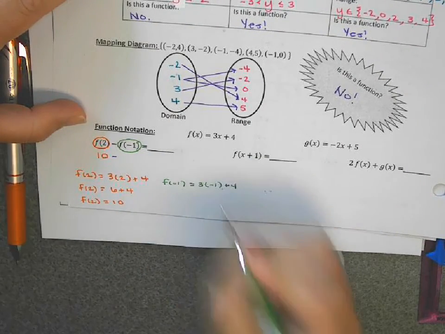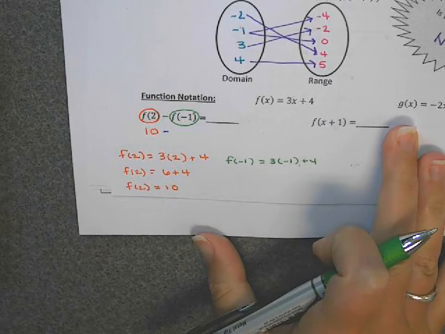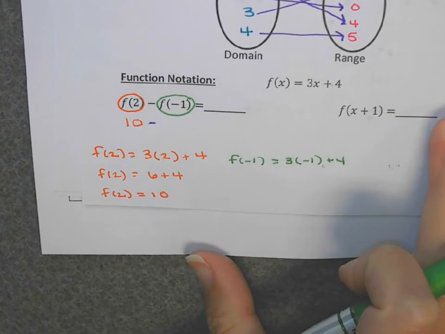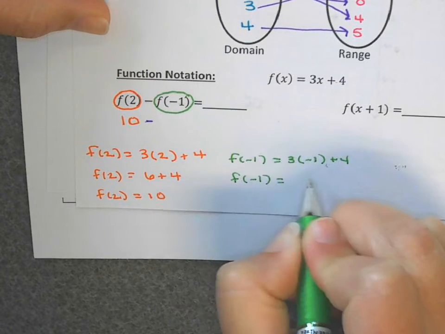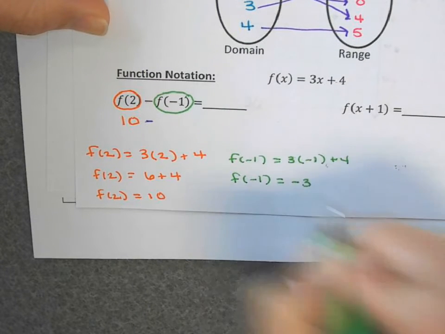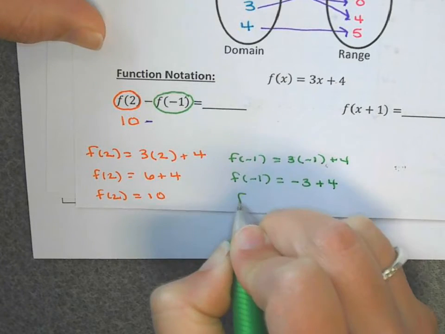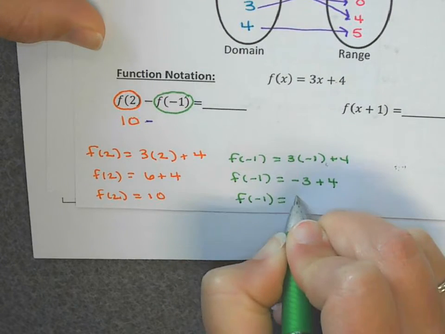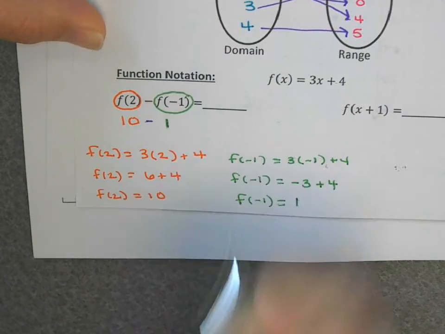I'm just plugging in that value for x. So f of negative 1 equals negative 3 plus 4. F of negative 1 equals 1. So now where there was f of negative 1, I'm going to replace it with 1.